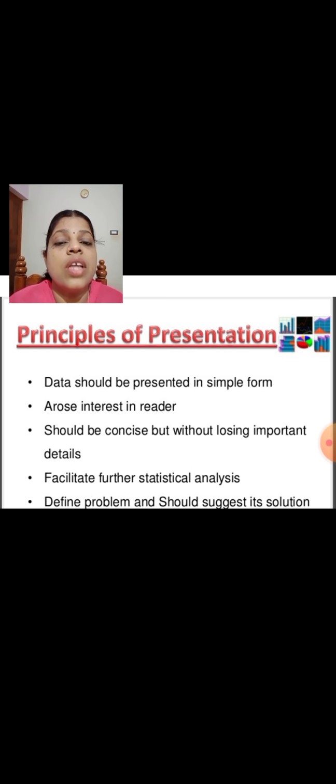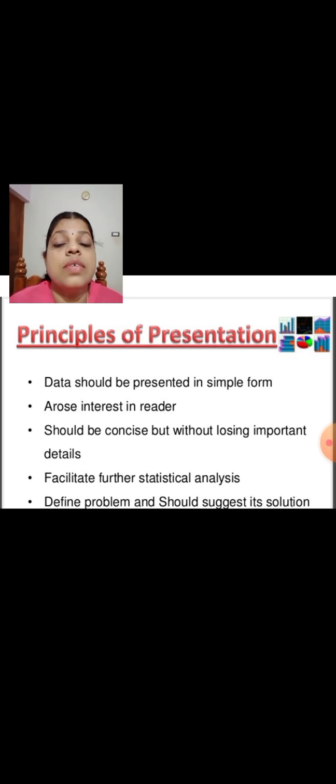The next one is, it should facilitate further statistical analysis. We know that, children, the purpose of presenting the data is for further statistical analysis. So such data should be able to facilitate the further statistical analysis. The next one, the data should define the problem and should suggest its solution.